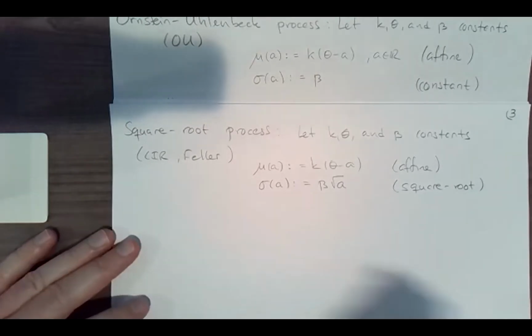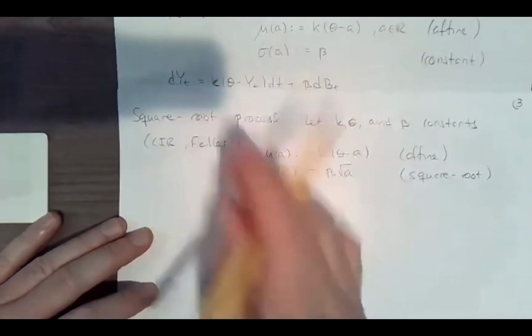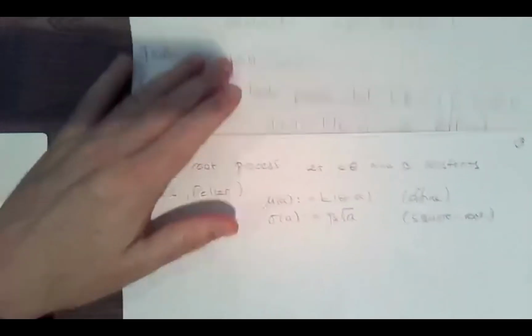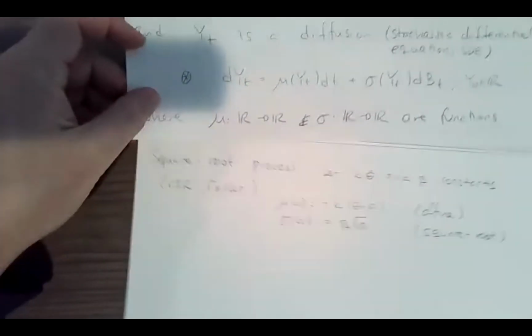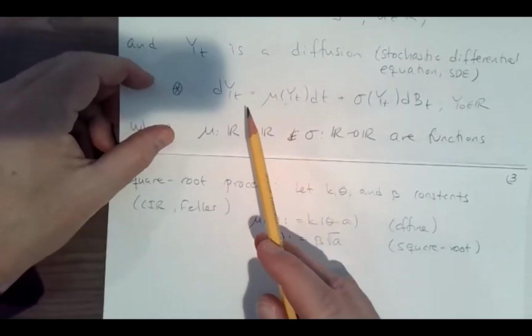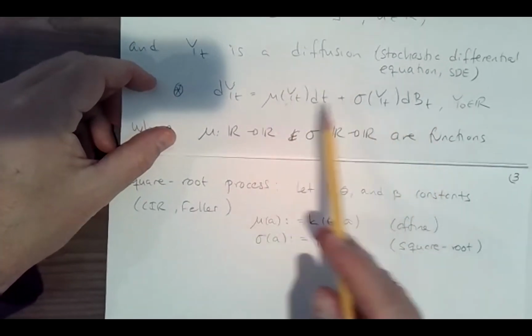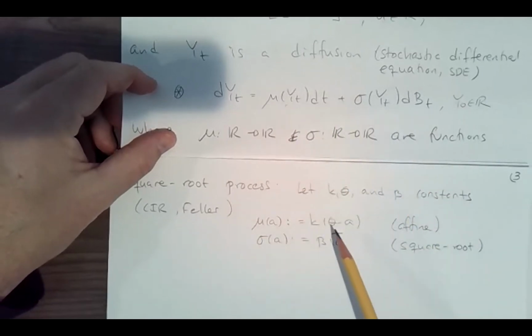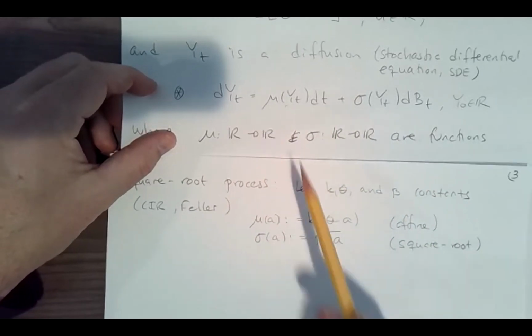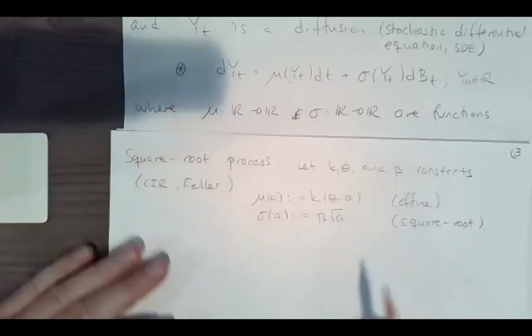Okay, so if we look at the dynamics, we go back up to dy, this form up here, and plug in these two functions. I replace A by yt on the right hand side and we see what we get.